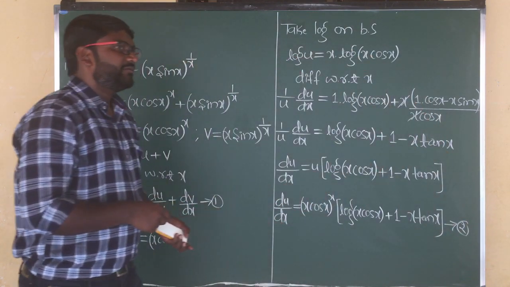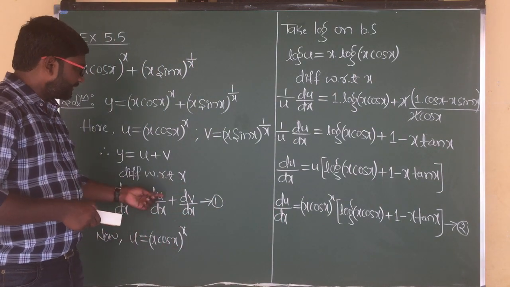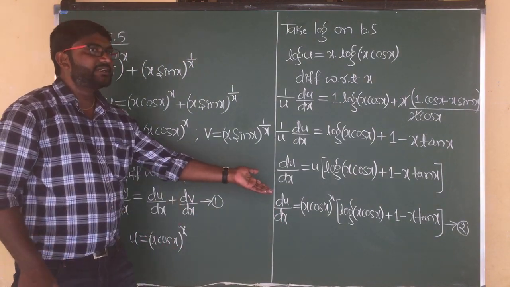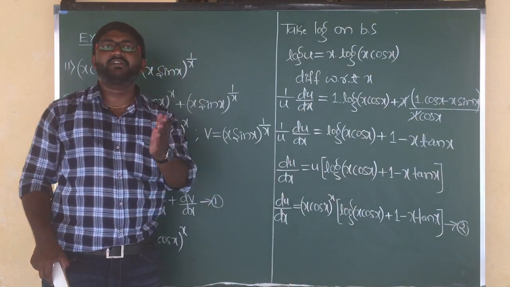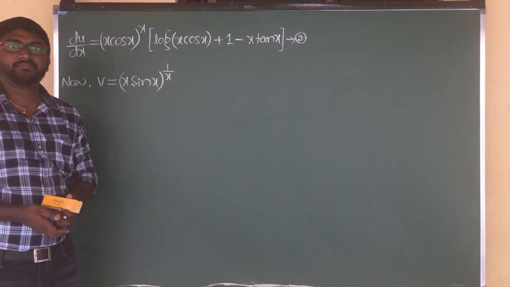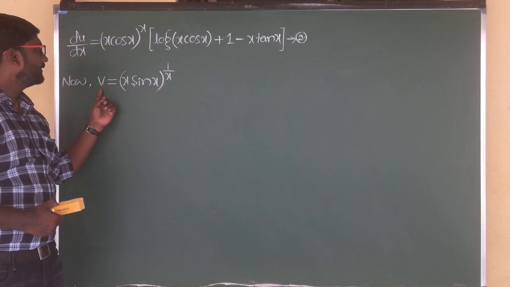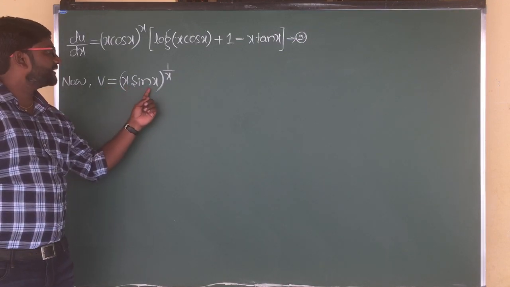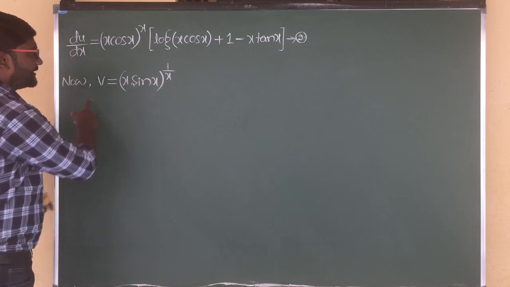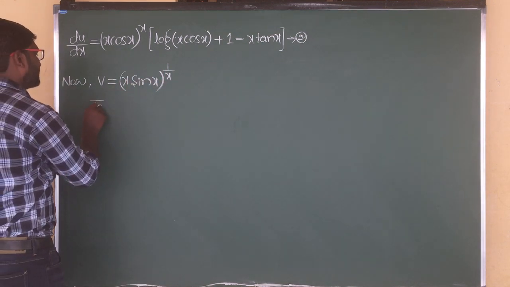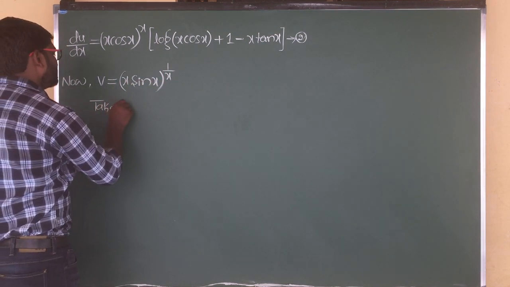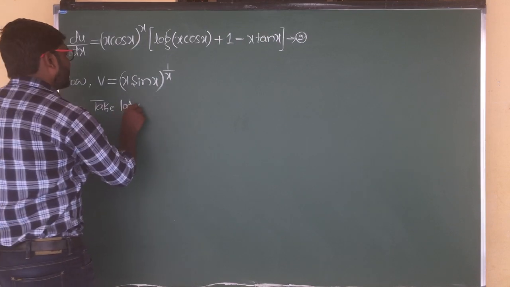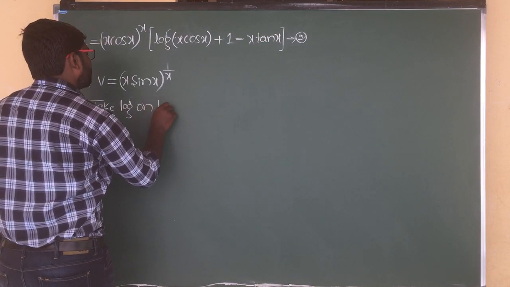In the next step, we have to go for dv by dx. Since we don't have much space, pause the video to note it down. Okay, now we have to find dv by dx. For that, I have considered v, which is equal to (x sin x)^(1/x). Let us take log on both sides.